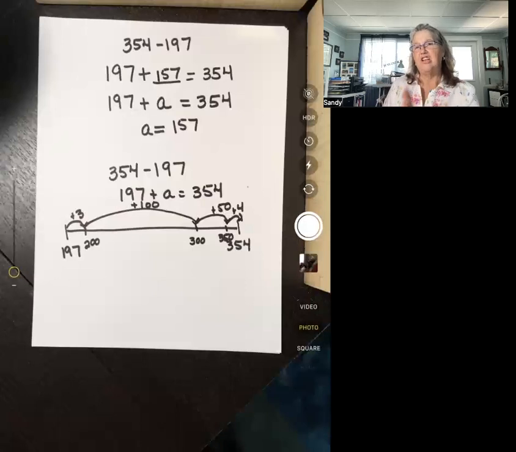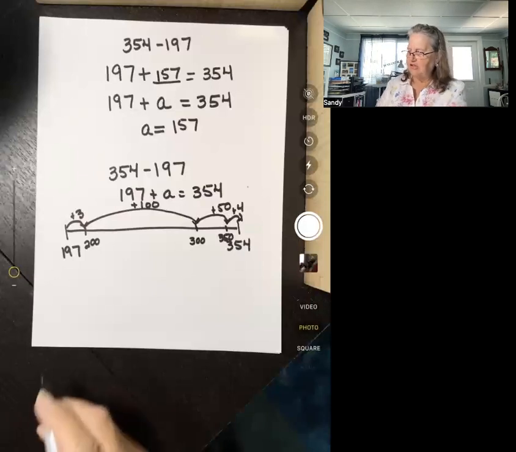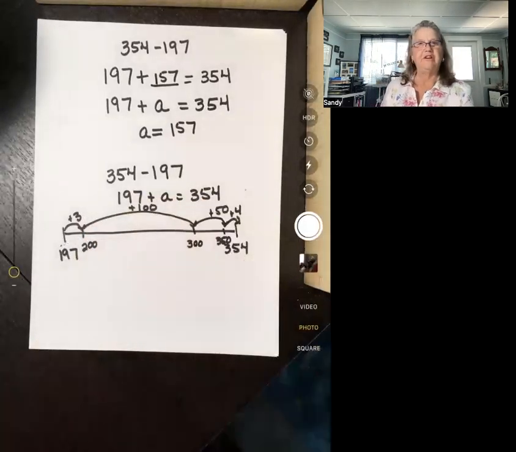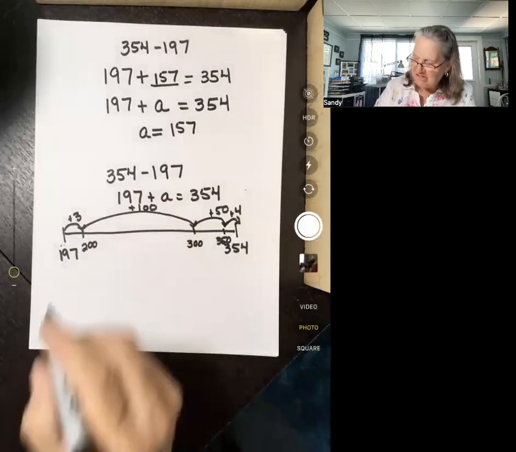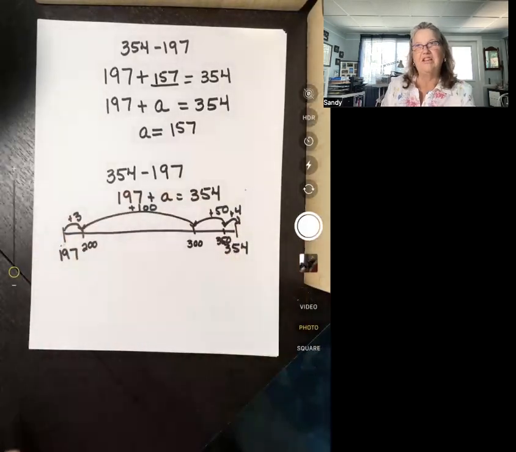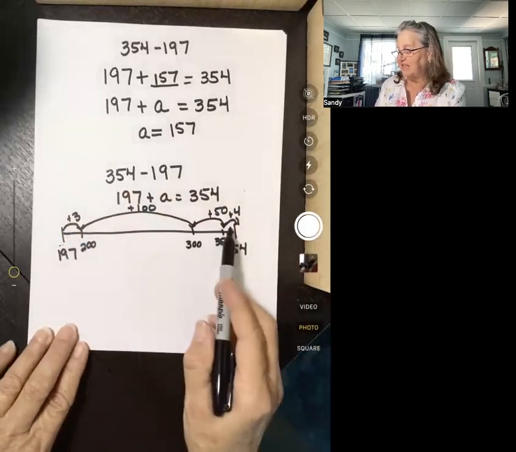So if they know that strategy, what we see them doing, some of your children will have what I call a chalkboard, because I'm old, right? A chalkboard, paper in their head, and they'll picture doing that algorithm in their head, that procedure. And then they'll do one whole jump of 157. If they do that one jump, well, as you know, that's great.